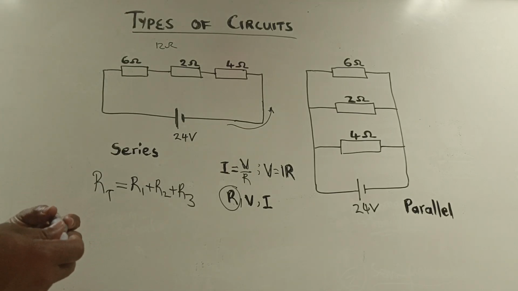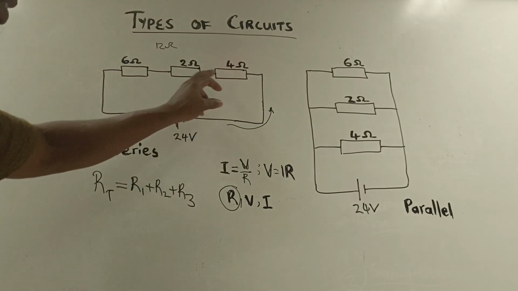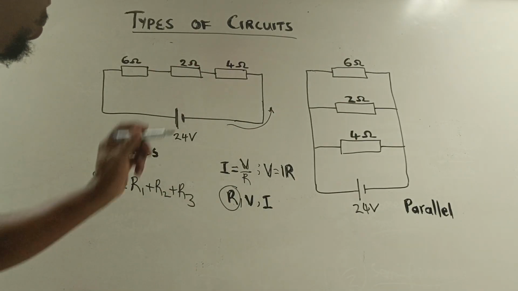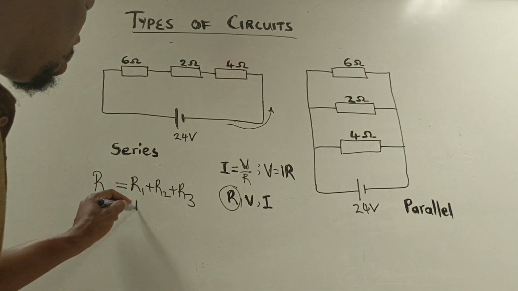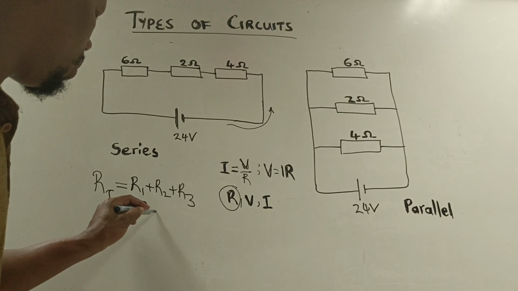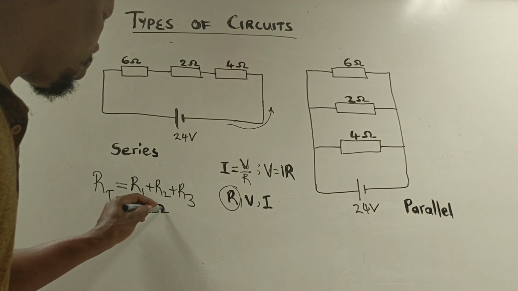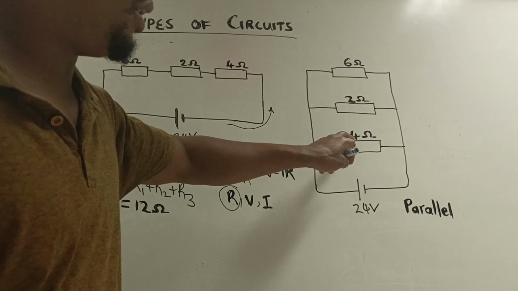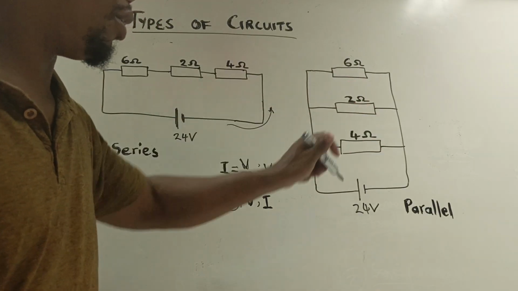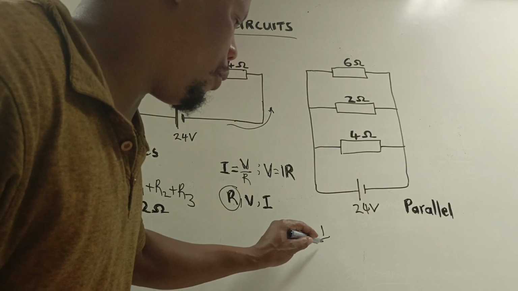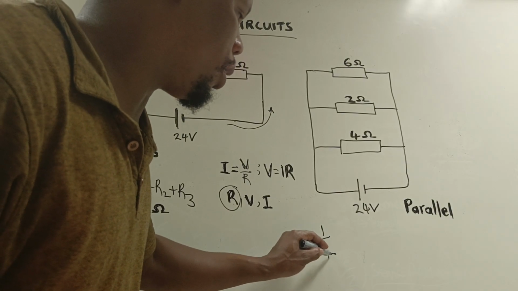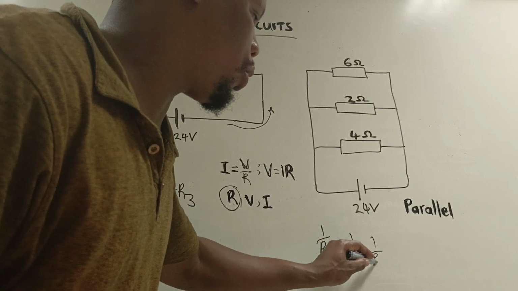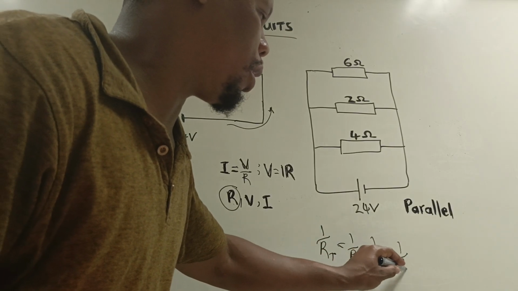In a series circuit you simply add the total. In a parallel circuit, you do not add all the resistances, so what is the total resistance? It is not 12 ohms. For you to get the effective resistance of a parallel circuit, 1 over the total resistance is equal to 1 over R1 plus 1 over R2 plus 1 over R3.